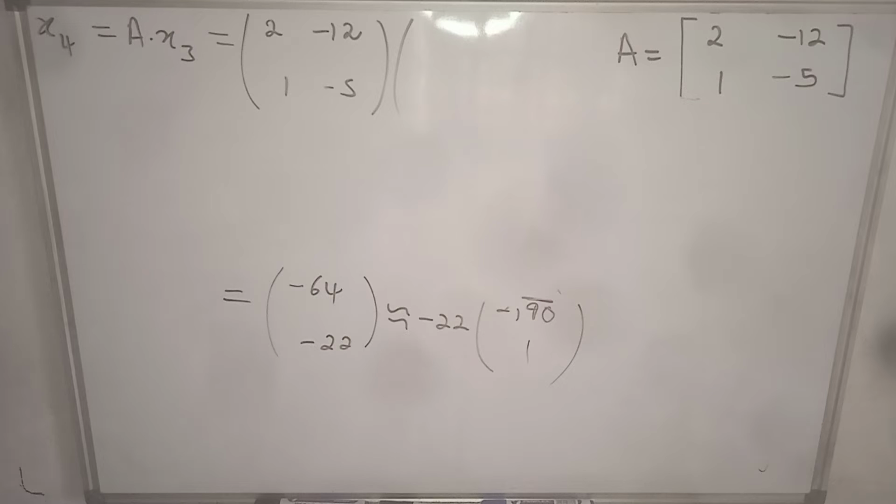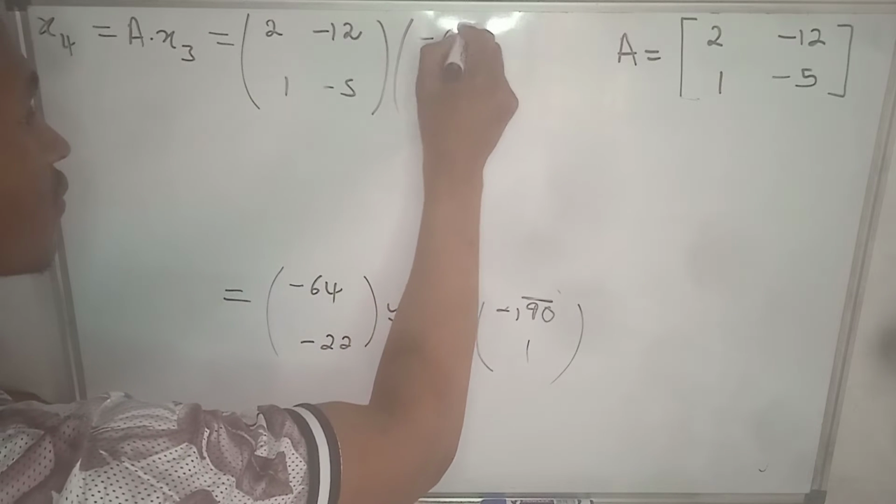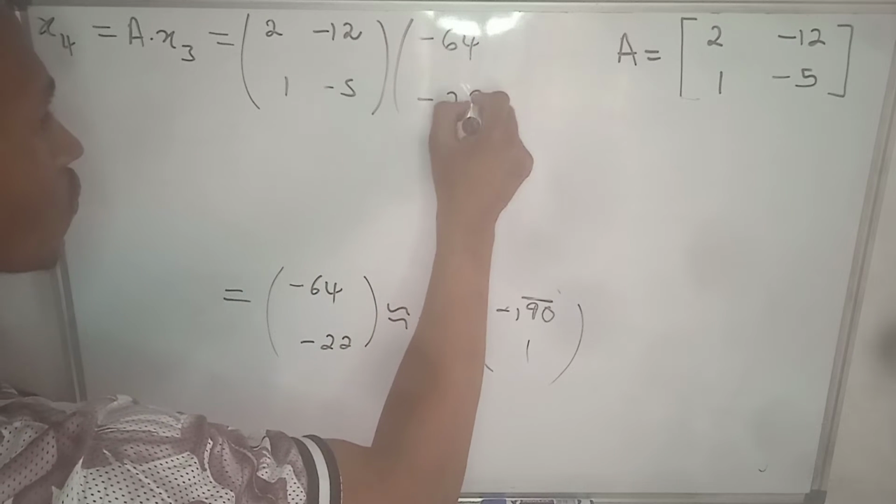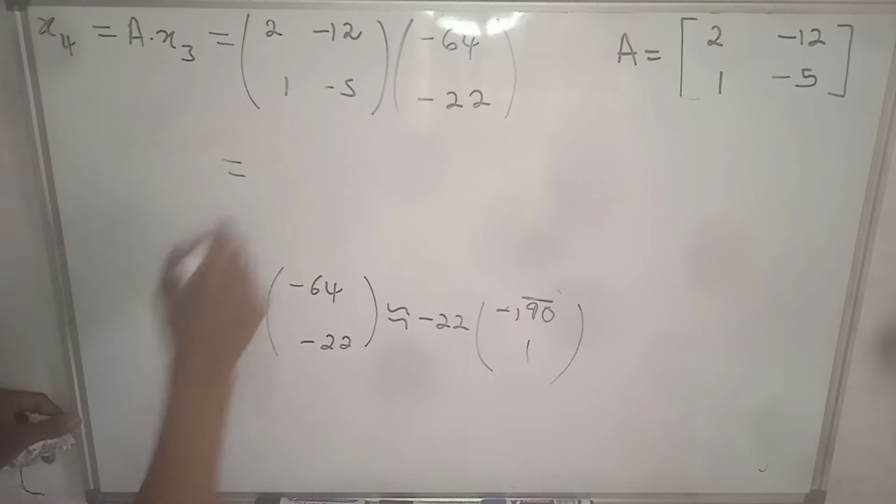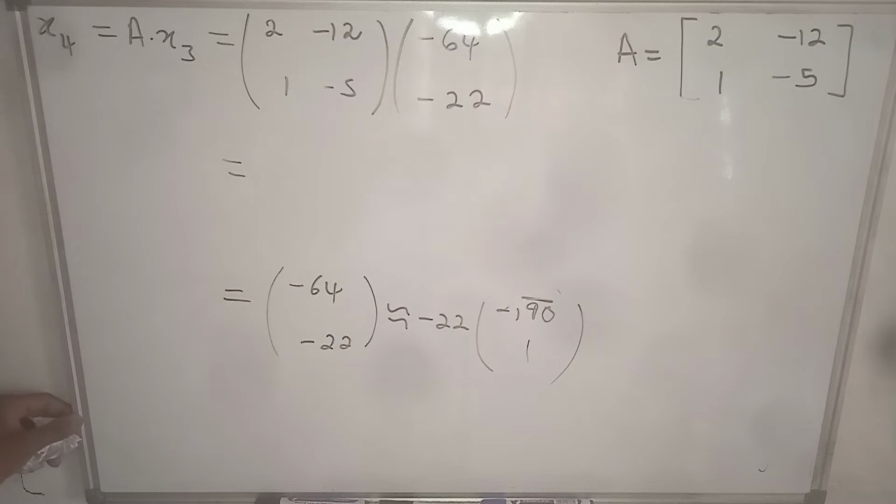What was our third iteration? Minus 64 and minus 22. This is our third iteration.